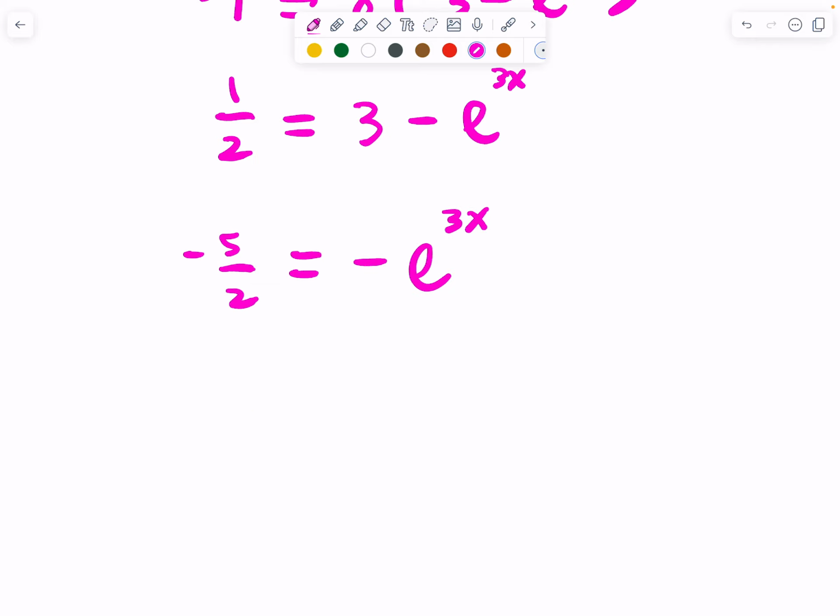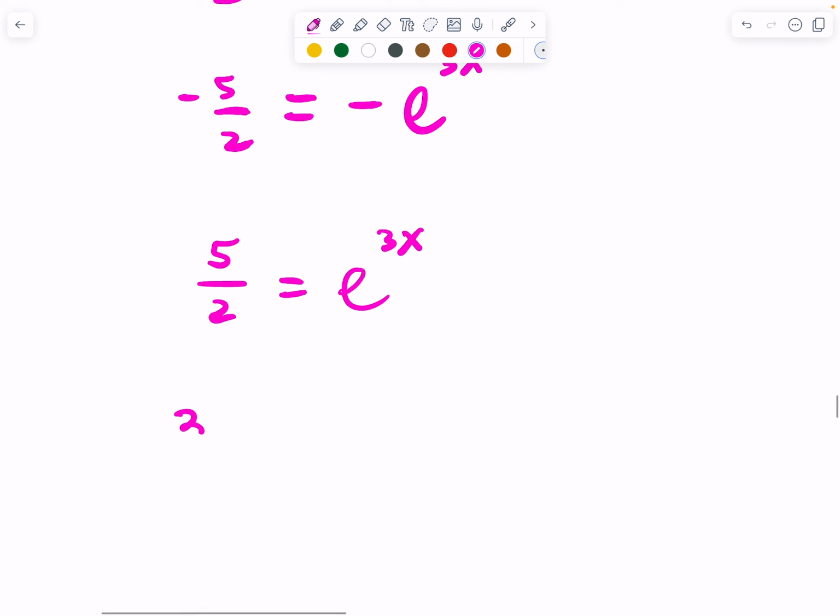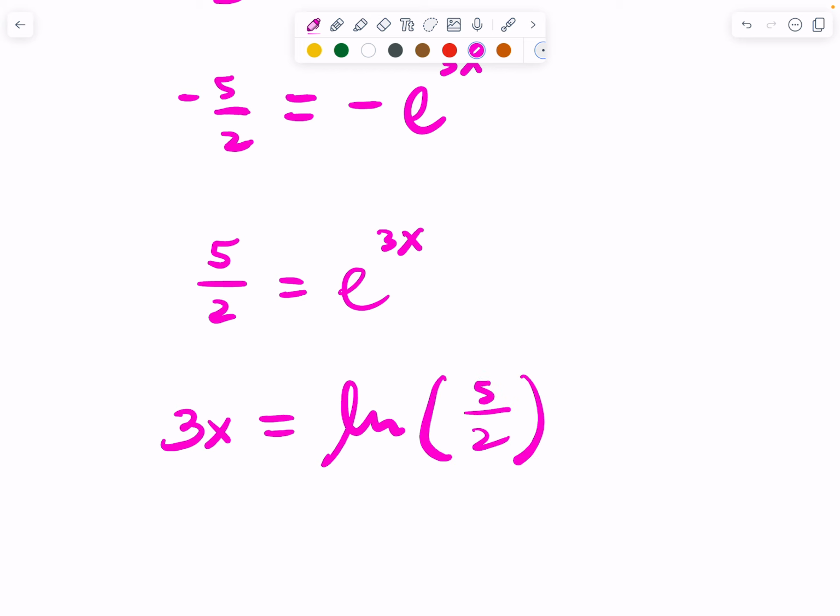If we think about dividing by -1, that turns into 5/2 equals e to the 3x. And then rewriting in log form, that's 3x equals the natural log of 5/2. And dividing by 3, x equals the natural log of 5/2 divided by 3.